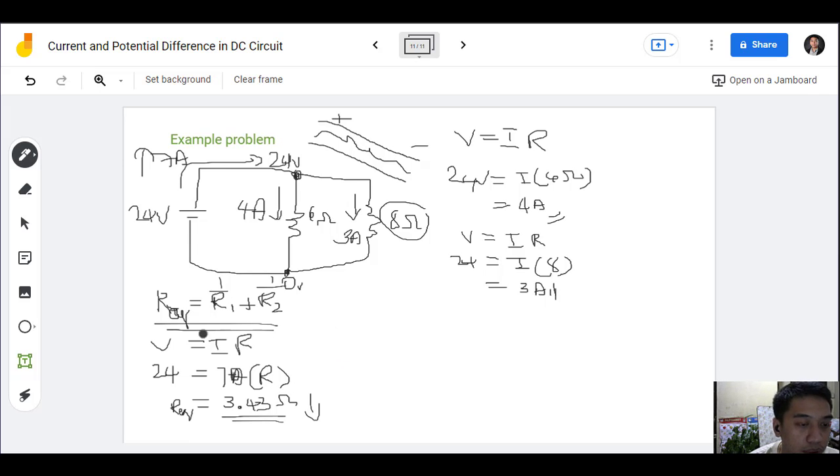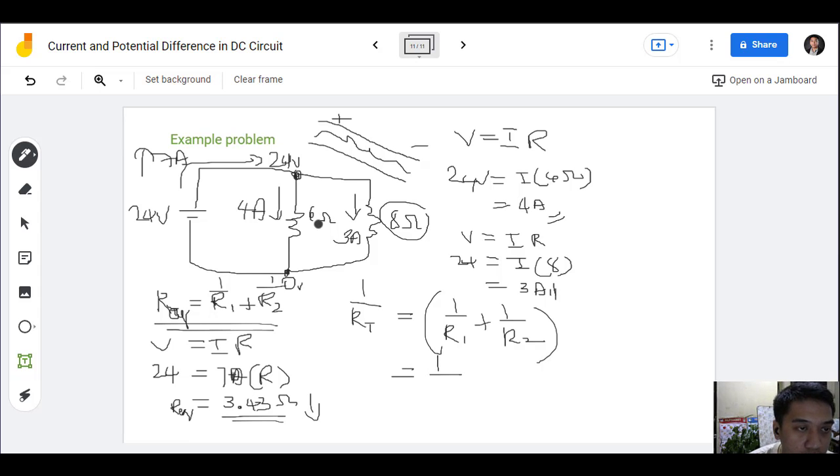Or, pwede nating gamitin din yung requirement as the total resistance will be equal to 1 over R, then 1 over R1 plus 1 over R2, so that will become to 1.